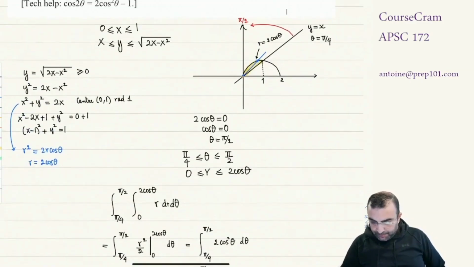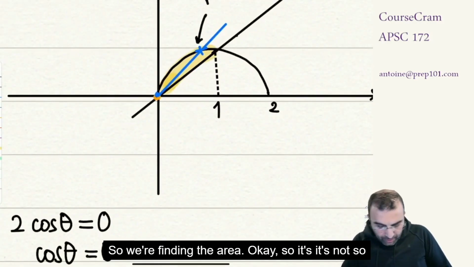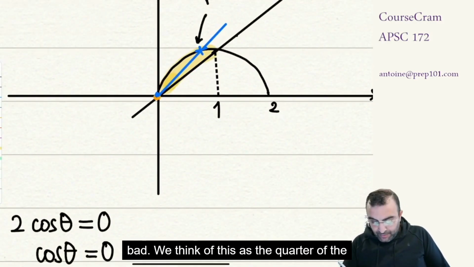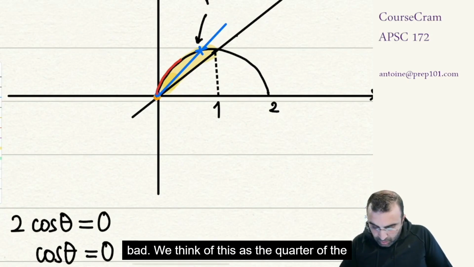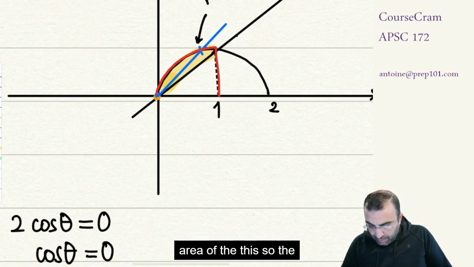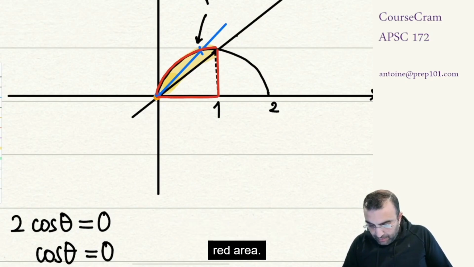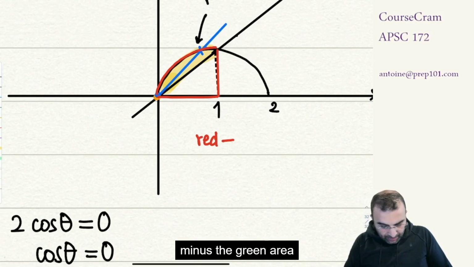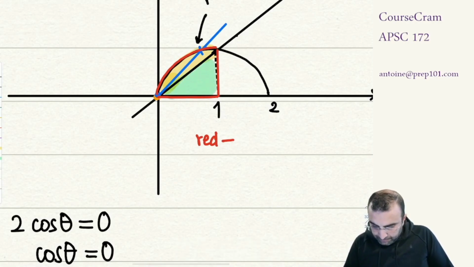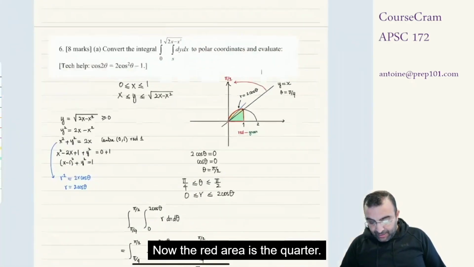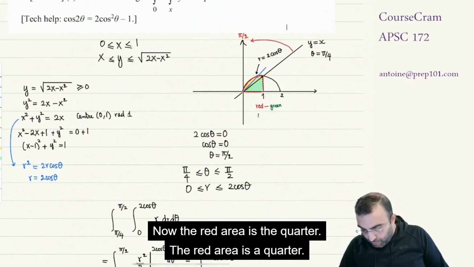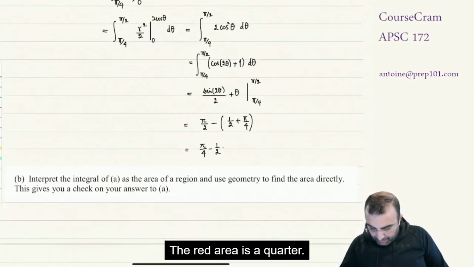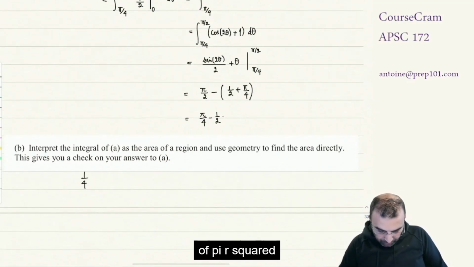Maybe, so we're finding the area. Okay, so it's not so bad. We think of this as the quarter of the area of the disk. So the red area, so it's the red minus the green area. Now the red area is the quarter. The red area is a quarter of pi r squared.